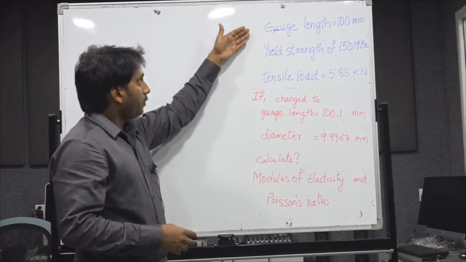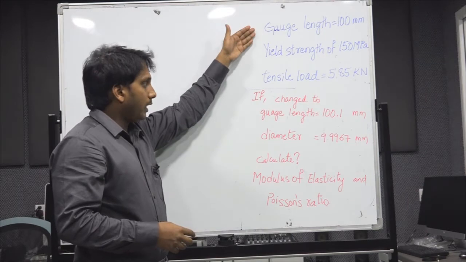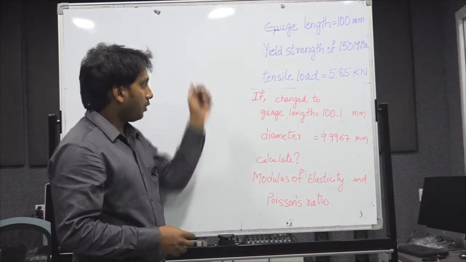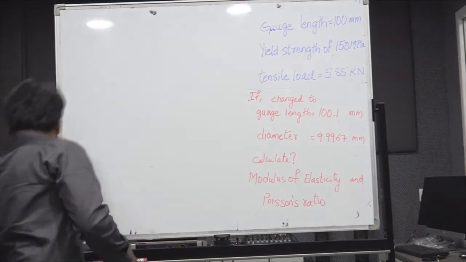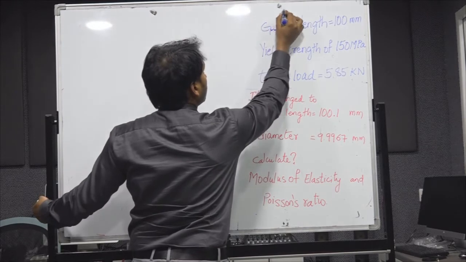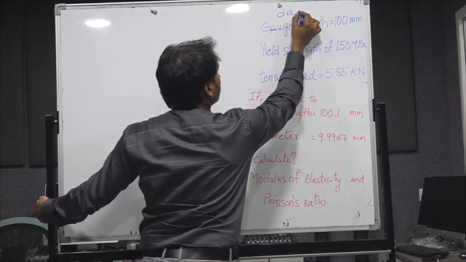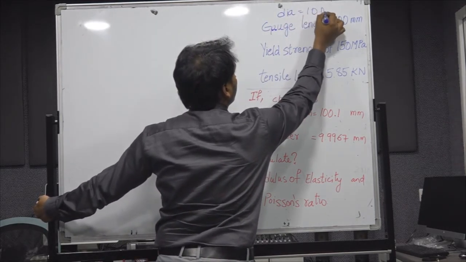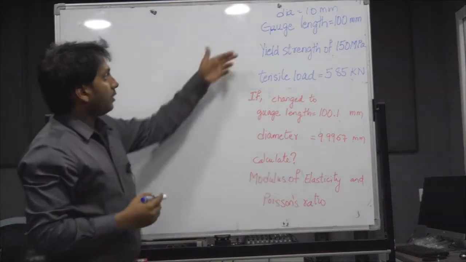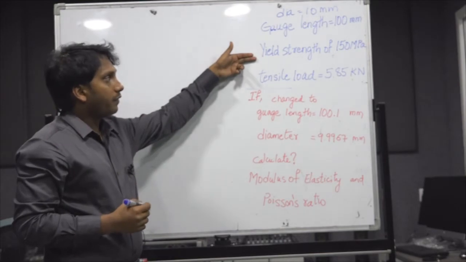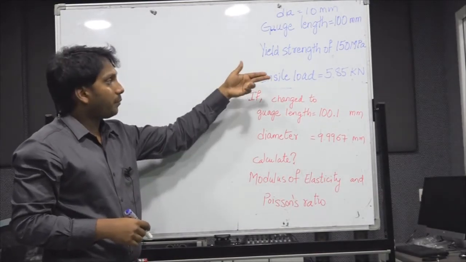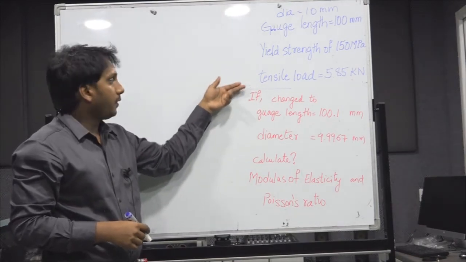A rod made of aluminum alloy with a gauge length of 100 mm, diameter of 10 mm and yield strength of 150 megapascal and tensile load of 5.85 kilonewton.